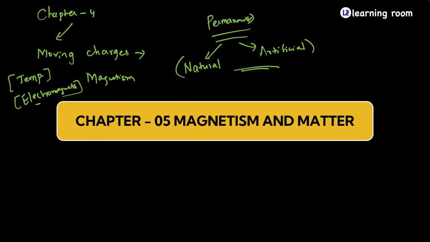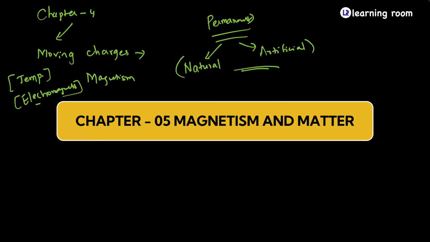I hope you could understand the difference between the fourth and the fifth. Just to summarize, what does the fourth chapter deal with? Temporary magnets, meaning you need electricity to generate magnetism, whereas in this chapter we are going to deal with permanent magnets, where you don't need any electricity. That material by default will have magnetism existing. When I talk about permanent magnets, again there are two types: one is natural and the second is artificial.